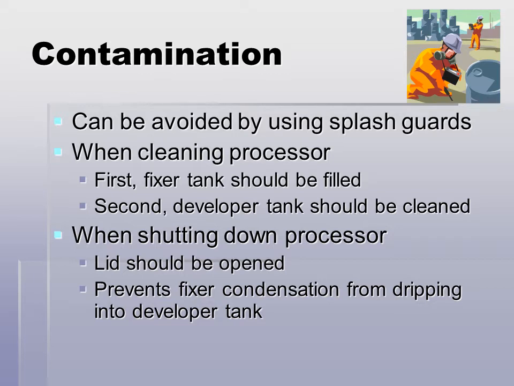So condensation is just, again, that evaporation process. Because it is heated, if the lid stays on and not propped in the processor, it will evaporate, stick to the lid, and then drop down into the developer, which again can be a major issue.